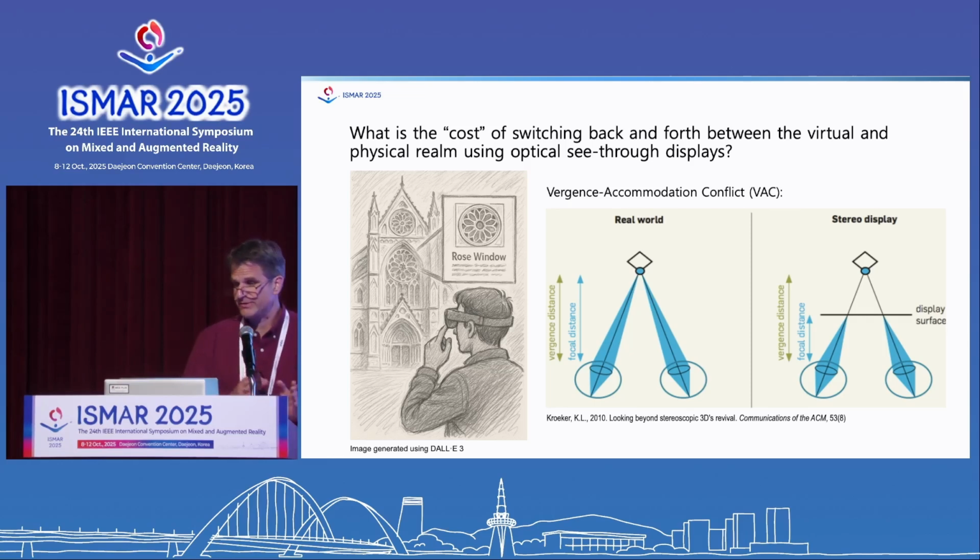The VAC exists both between the physical world and the annotation in the virtual world, but could also be just among the virtual annotations themselves. Most of the work on vergence-accommodation conflict is actually studied in VR more than AR. So maybe we will see in the end why that is the case.